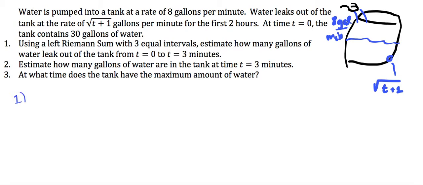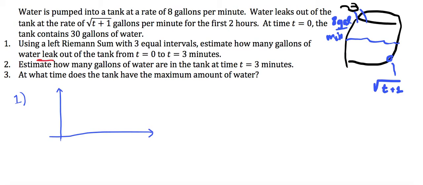Using a Riemann sum of 3 equal subintervals, estimate how many gallons of water leak out of the tank between 0 and 3 minutes. I like to draw the graph whenever I'm estimating a Riemann sum, because that helps me to visualize exactly what's going on. So we want to see water leaking out of the tank.